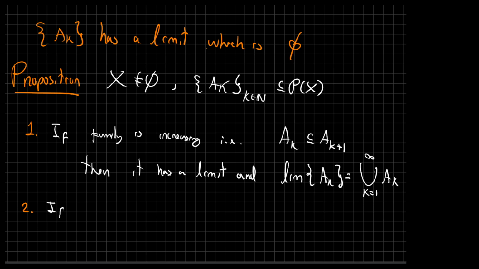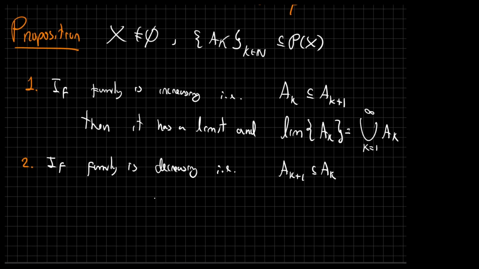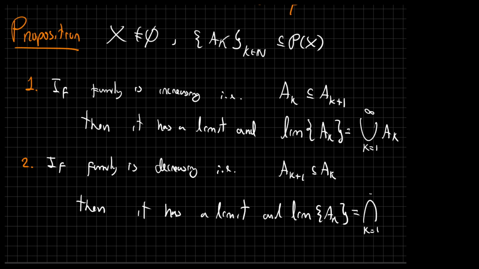The second is that if the family is decreasing, like the previous example, then it has a limit, which means that the limit of the supremum is equal to the limit of the infimum, and this is equal to this intersection.